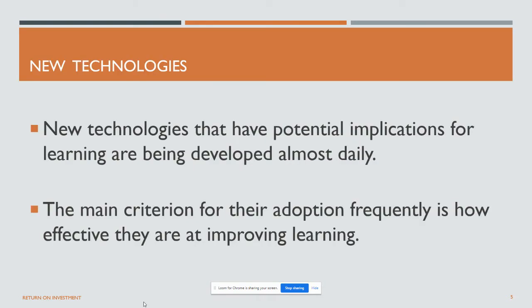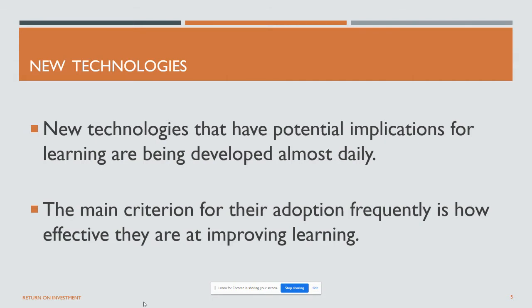New technologies that have potential applications for learning are being developed almost daily. The main criterion for their adoption frequently is how effective they are at improving learning. Reiser and Dempsey addressed the notion that although individual teachers are always willing to pioneer the use of these technologies in the classroom, system administrators face the challenge of having to make informed decisions on whether these technologies should be adopted on a wider scale or integrated in the curriculum altogether.